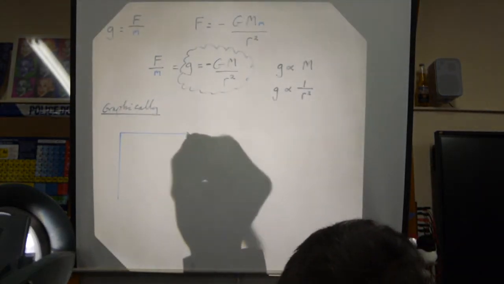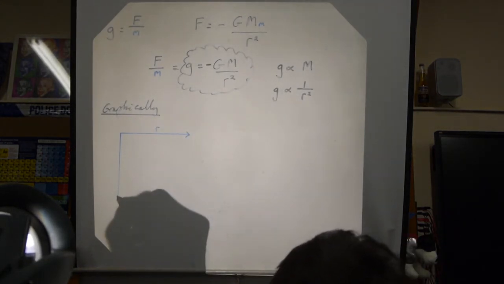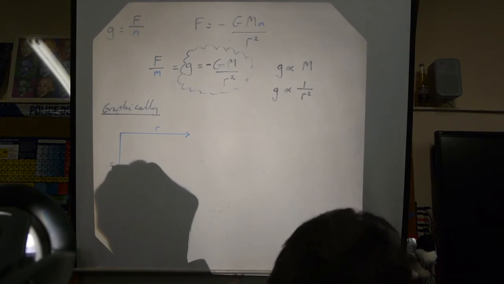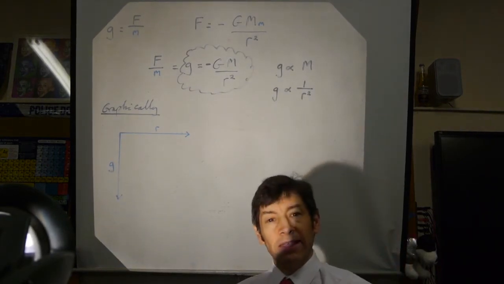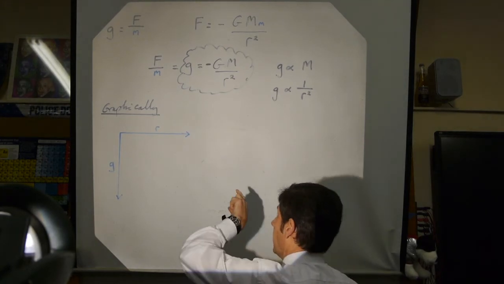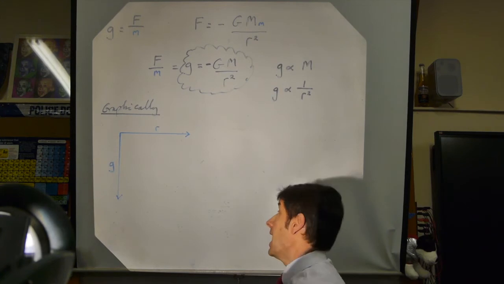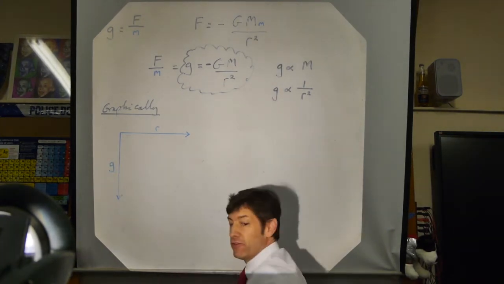So here we go. There we are, going further and further away, and this is going to be the value of g. Okay, and I'm making the point that it's a negative value because the field line goes towards the object. It's an attractive field, and we are backing away from it.